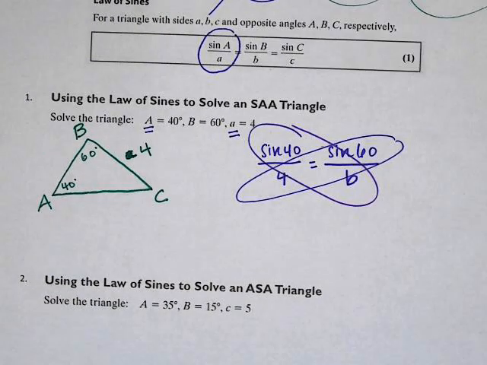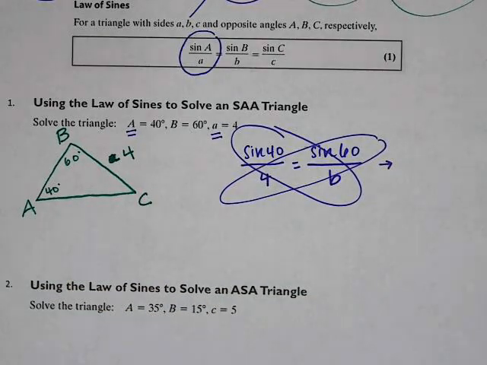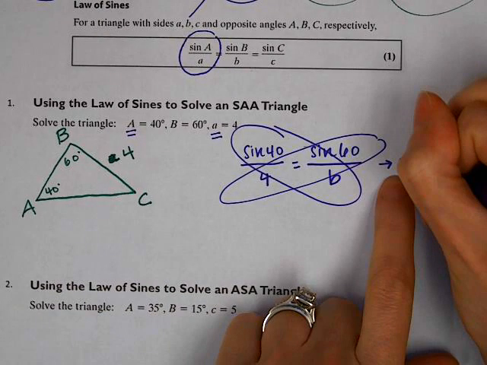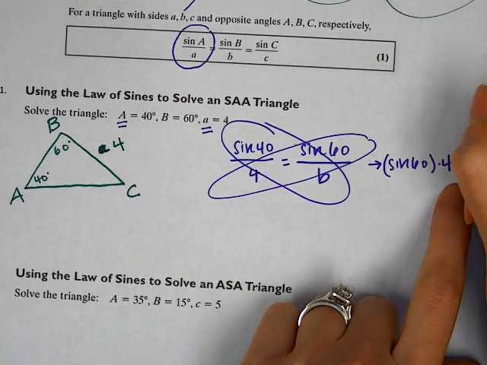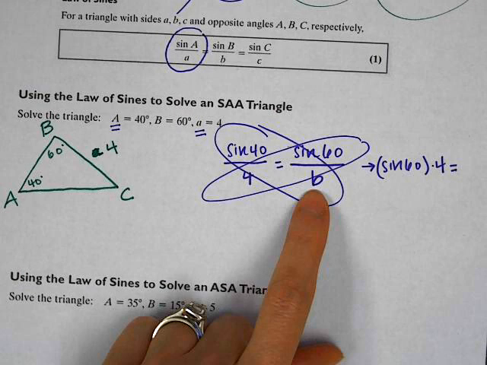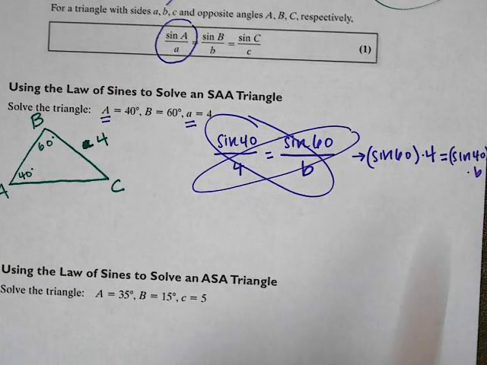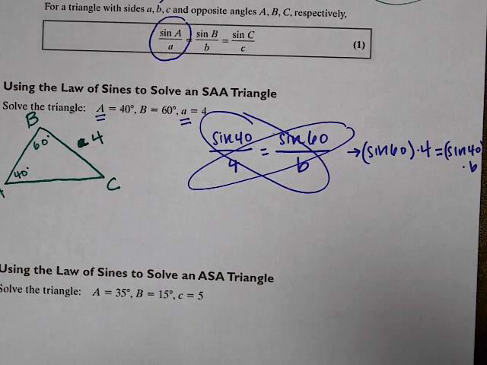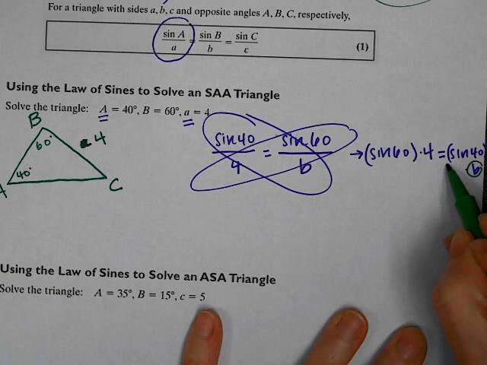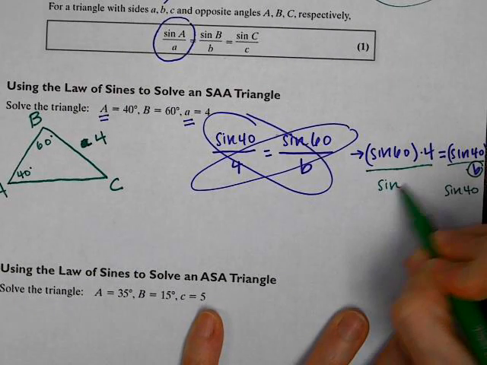All right, so you guys are going to cross multiply. And then how about I'll write it out for this one, but then I probably won't write it out again. So when you cross multiply, it's sine of 60 times 4, right, equals sine of 40 times B. And then if you're trying to solve for B, you're going to end up dividing both sides by sine of 40.